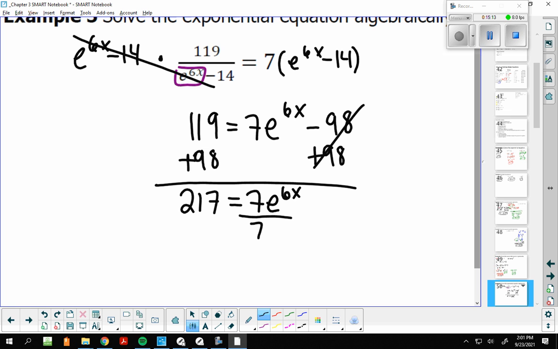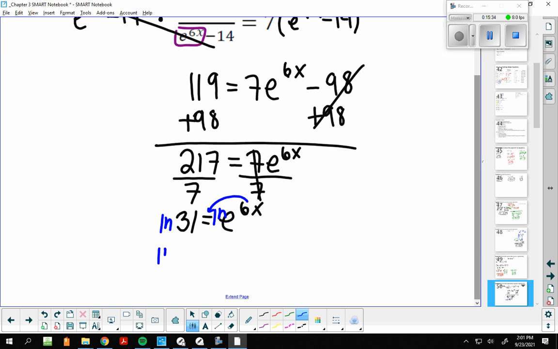One last step, divide both sides by 7, and we get 31 equals e to the 6x power. And now we finally have isolated our exponential part. So we need to take the natural log of both sides now and bring down our exponent. So we have the natural log of 31 equals 6x times the natural log of e.